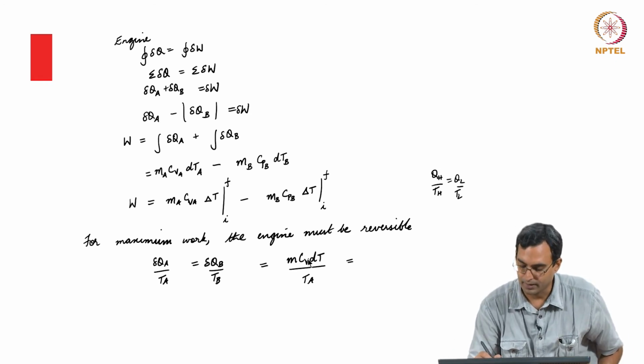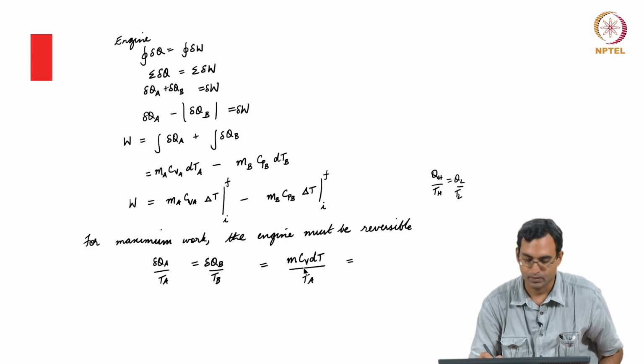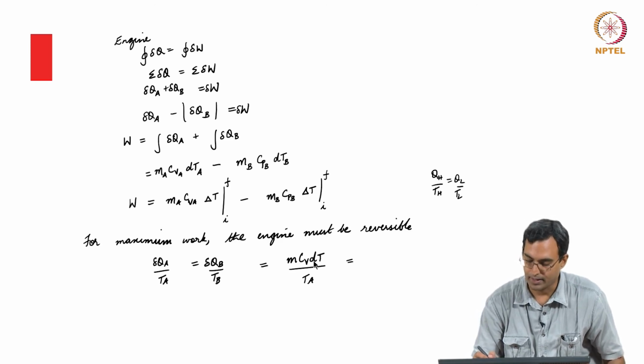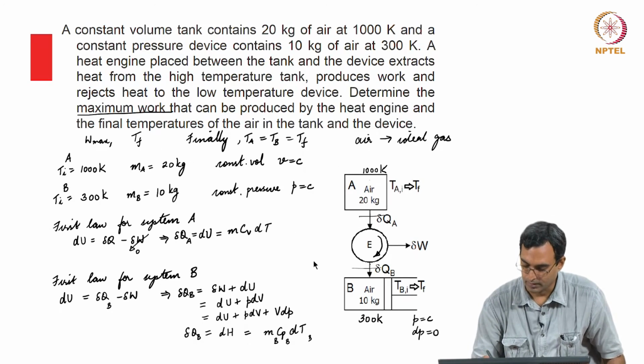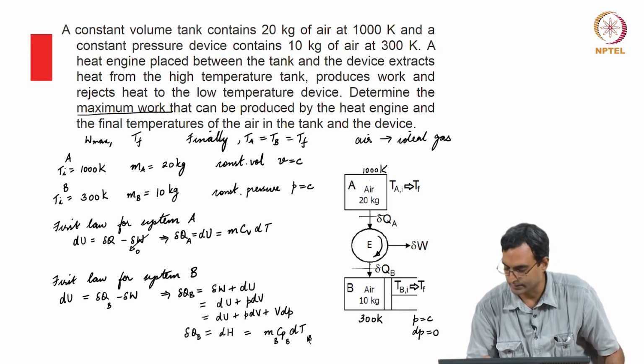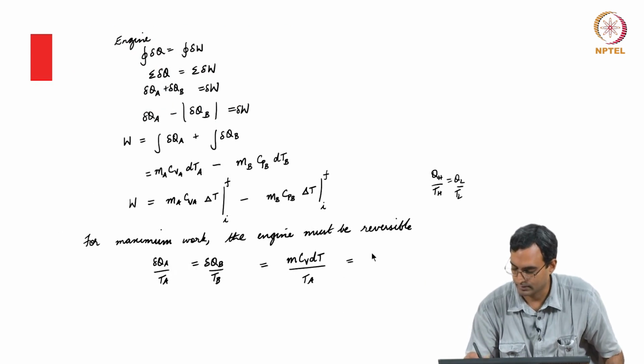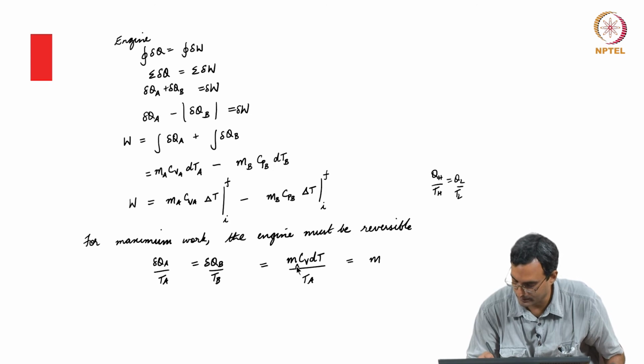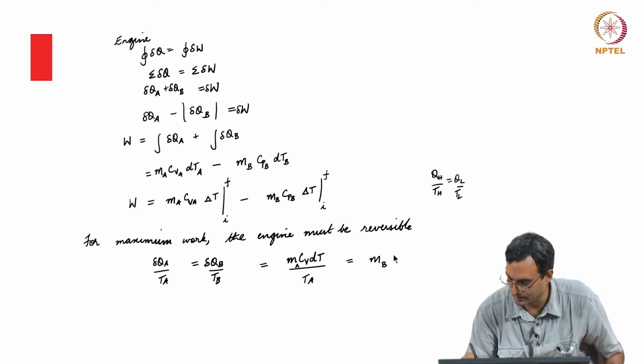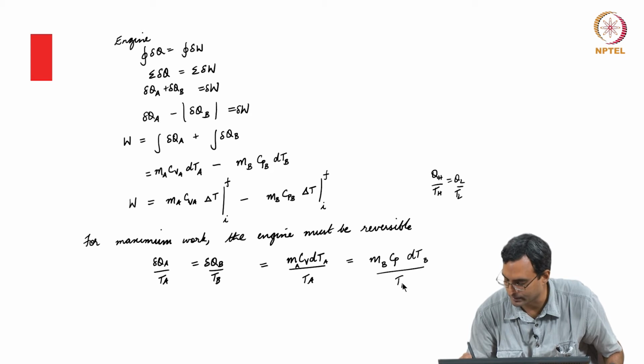So, we have m Cv dT by T_A, which is okay, and we have m Cp dT. This is for A, m of B, Cp and Cv are both for air, into dT of B by T_B.